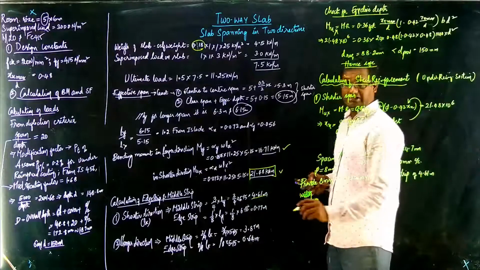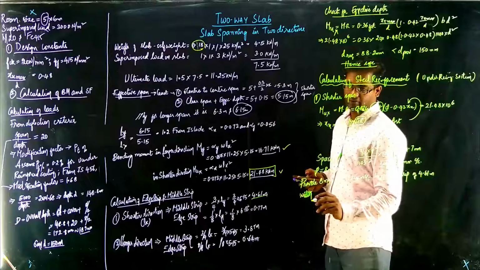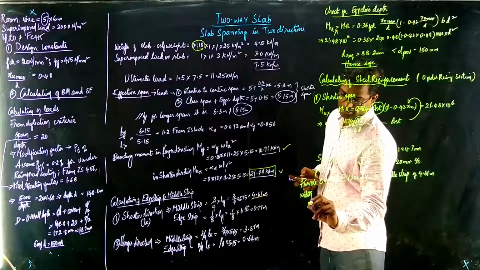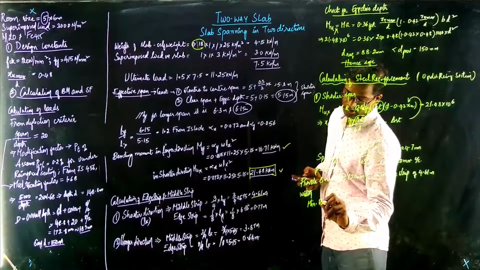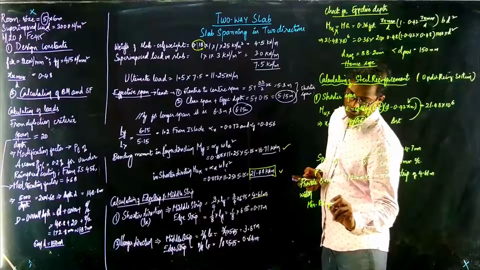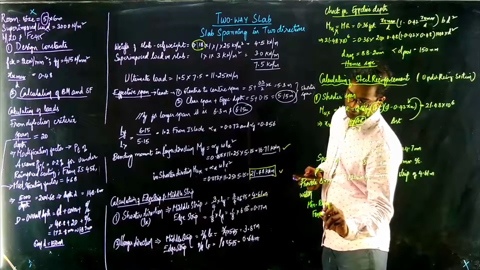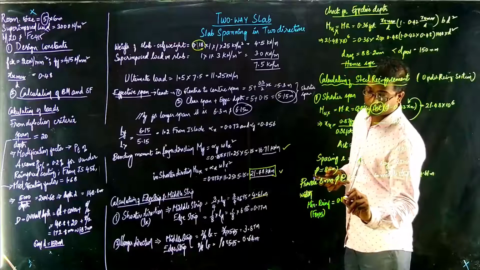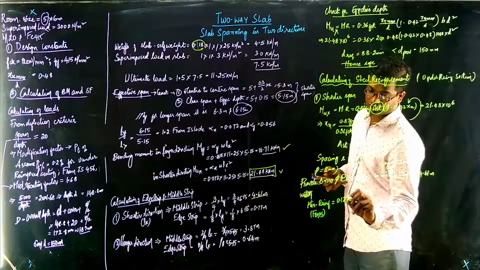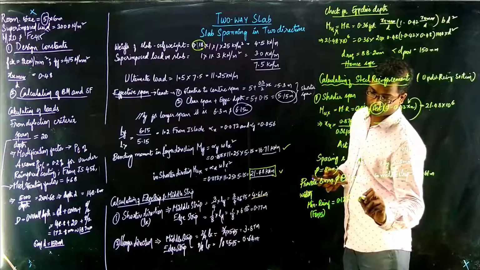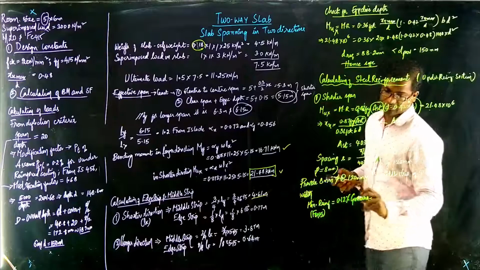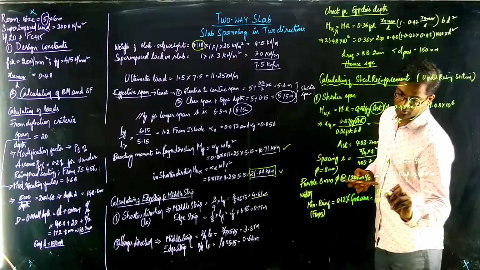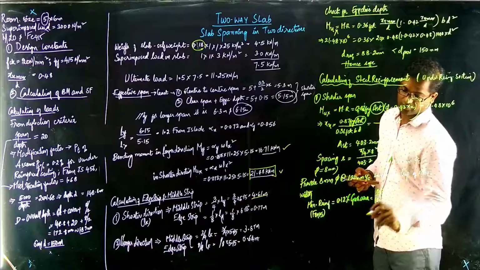How about this edge strip? Now, edge strip you have to provide minimum reinforcement. So, along edge strip you have to provide minimum reinforcement. Now, because you are taking Fe415 grade steel, minimum reinforcement is given by 0.12 percentage of gross area. So this is 0.12 divided by 100 into breadth into overall depth.